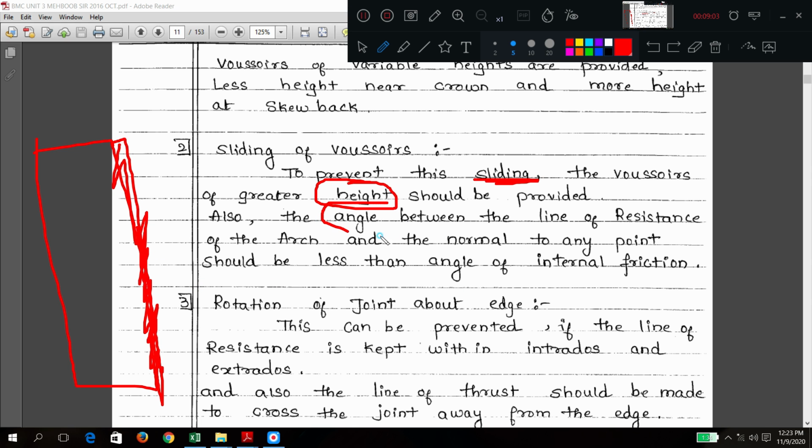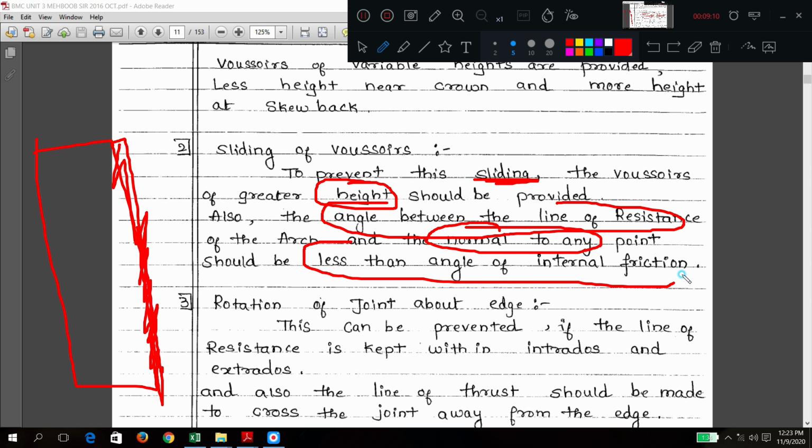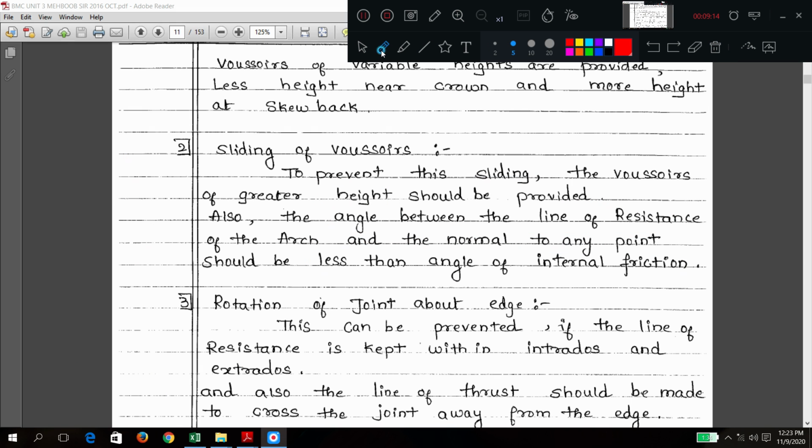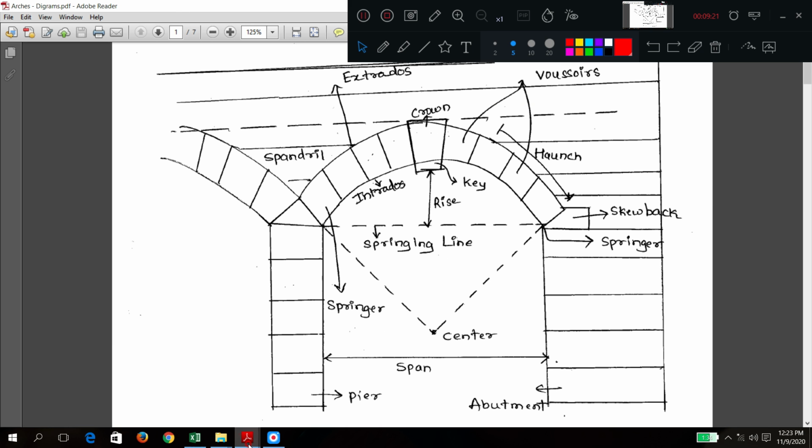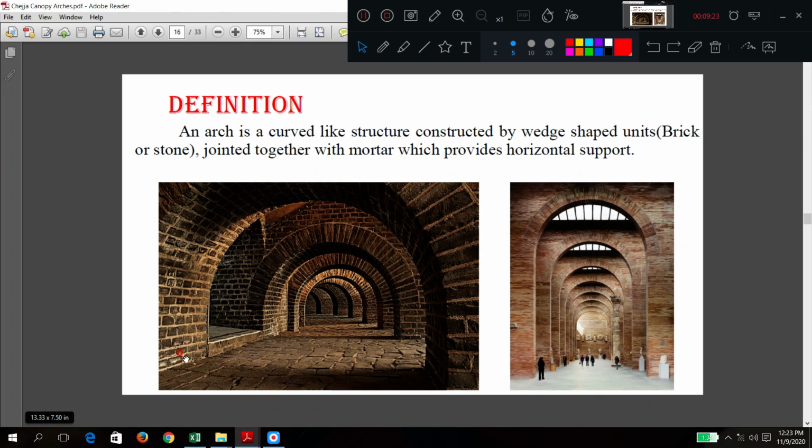Also, the angle between the line of resistance and the normal at any point should be less than the angle of internal friction. In the diagram I will try to mark it. This is a pure technical point which is not necessary for this concept, but still I will try to explain.